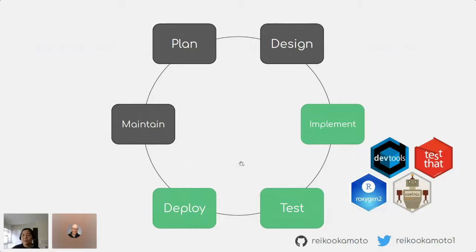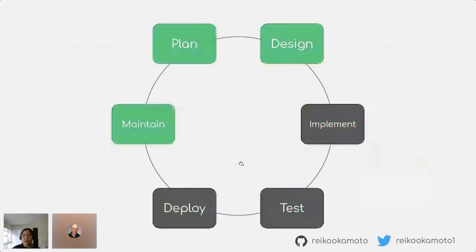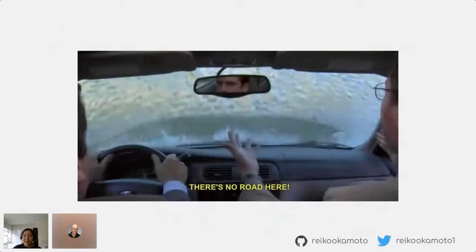But when it comes to the four issues that I brought up earlier, they more or less fall into the outer phases of package development, which are arguably discussed less often than their technical counterparts. So when it comes to the planning and knowledge dissemination, it might feel like there's no roadmap to follow. So I'll discuss how our team dealt with these challenges during our internal package development process.